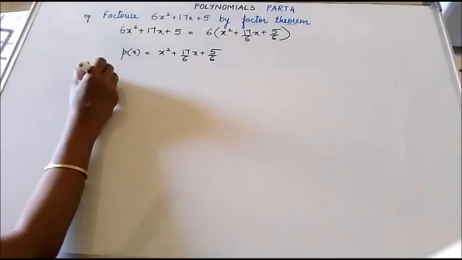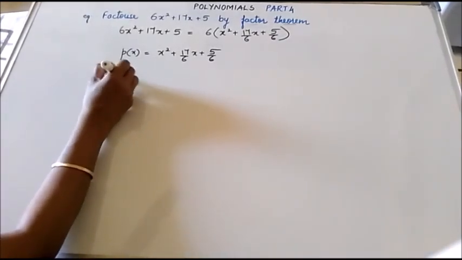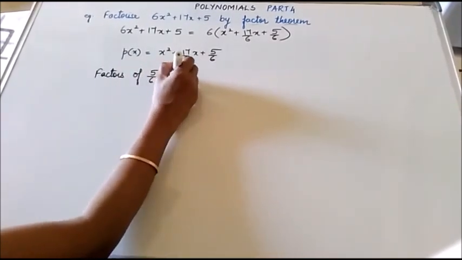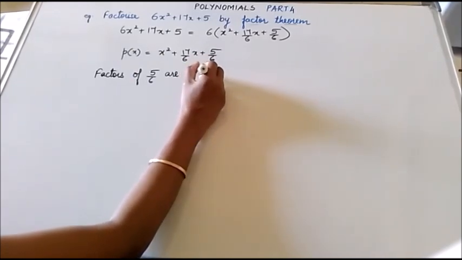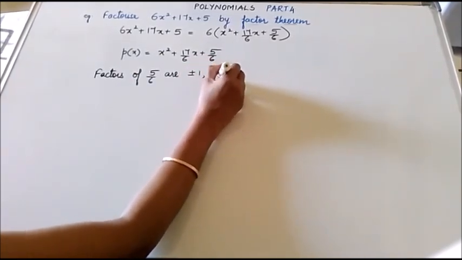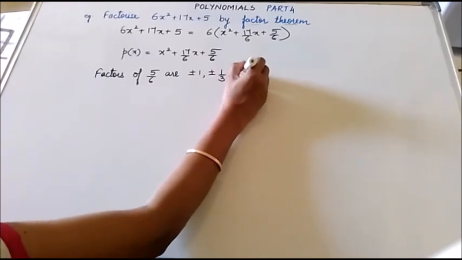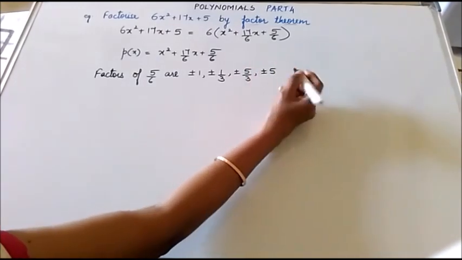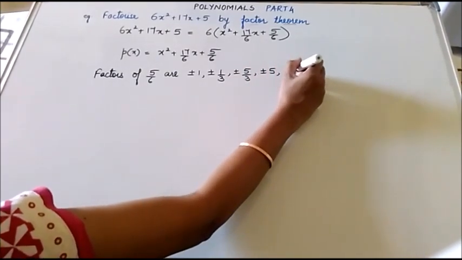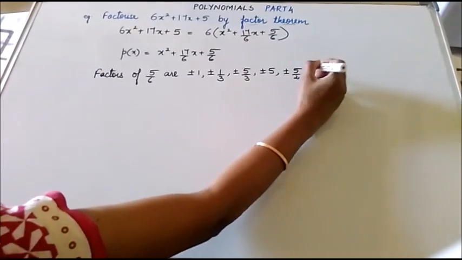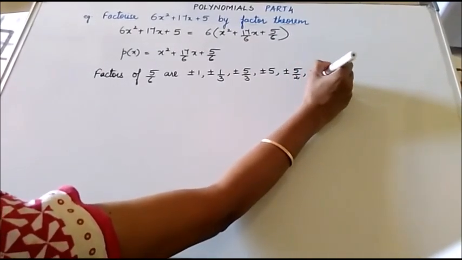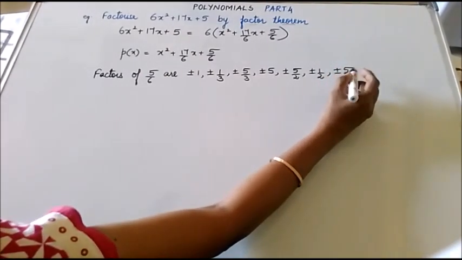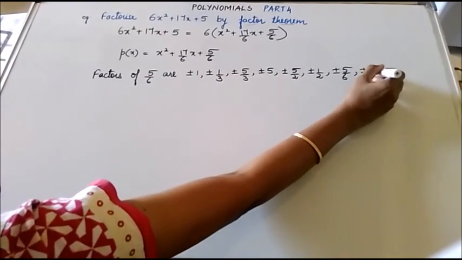Okay, first you will see factors of 5 by 6 are, we get here plus or minus 1, plus or minus 1 by 3, plus or minus 5 by 3. We get here plus or minus 5 also is one of the factors, plus or minus 5 by 2, plus or minus 1 by 2, plus or minus 5 by 6, or it could be plus or minus 1 by 6.